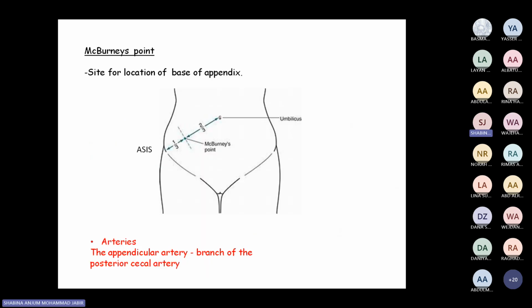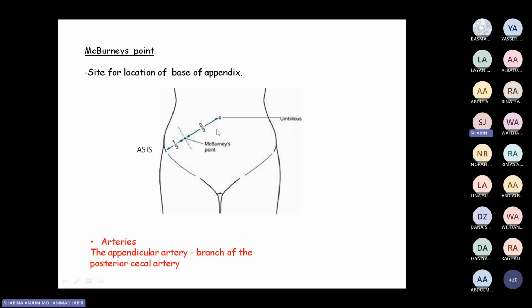Now, if you want to locate the appendix on your body surface, how will you locate it? You have the important point called McBurney's point, where you can locate the base of the appendix. How will you locate it?